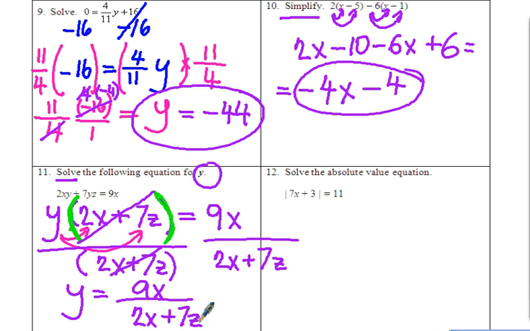I've had people come to this point, which is great, but then they were thinking maybe we can divide the top and the bottom by x. And yes, we could do it if, and this is important, if there was only multiplication on the bottom. But this is not the case. We have addition, and the right term, 7z, does not contain x.